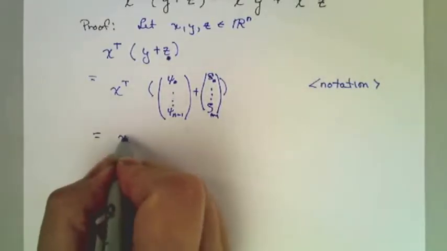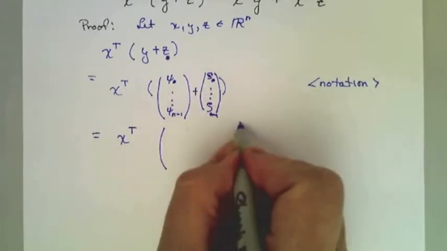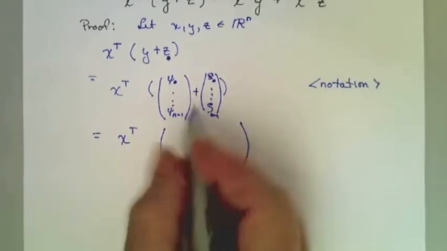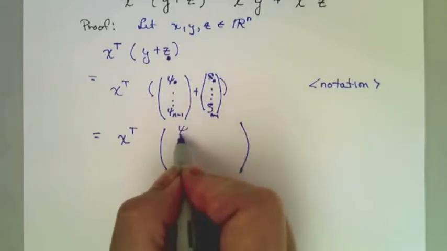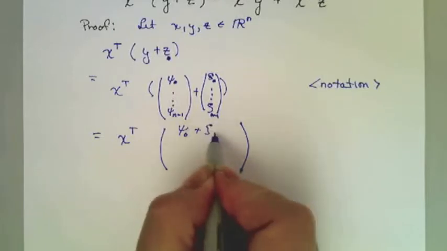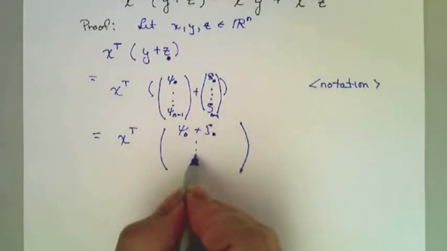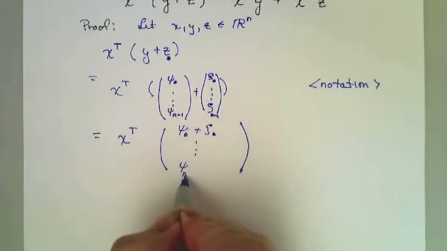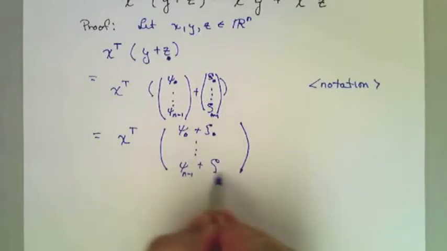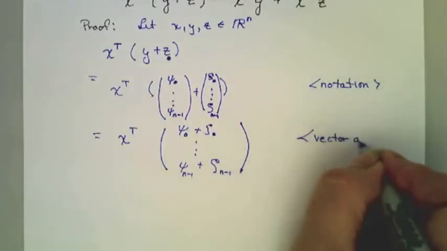By vector addition, the resultant will be a column vector with components psi 0 plus zeta 0 out to psi n minus 1 plus zeta n minus 1. That's just by vector addition.